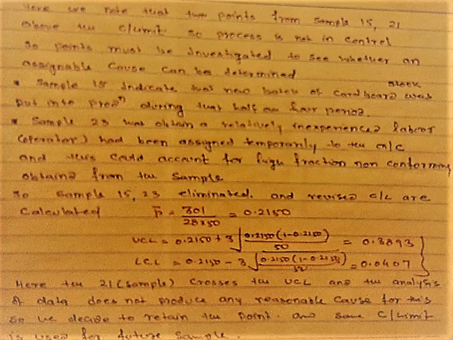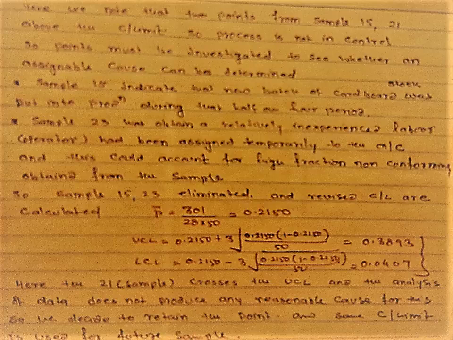So this is one of the ways we analyze why the non-conformities in sample numbers 15 and 21 are beyond the upper control limit. In such situations we eliminate samples 15 and 21 and revise the control limits. We remove these two data points and again calculate the sum of the number of defectives in the remaining samples.